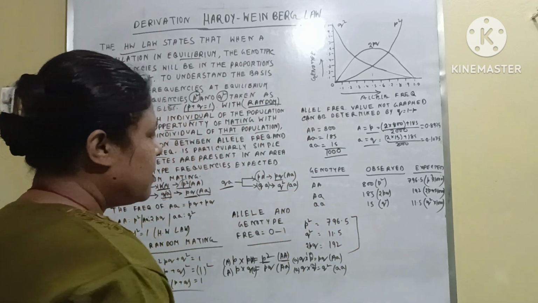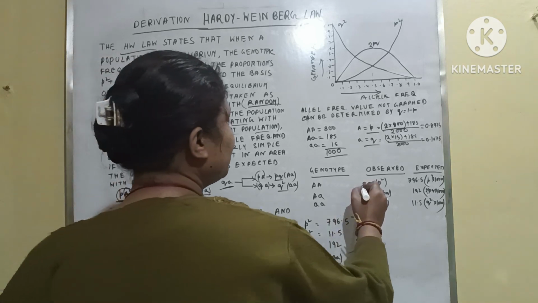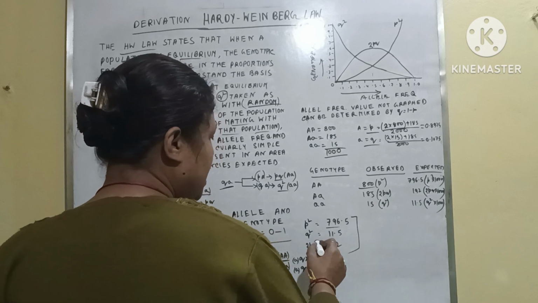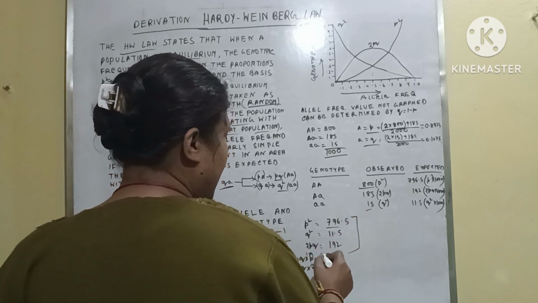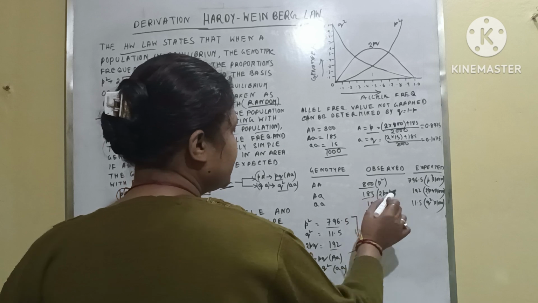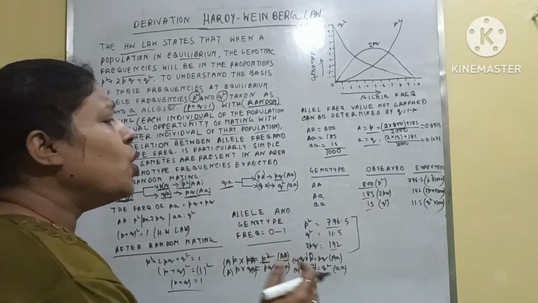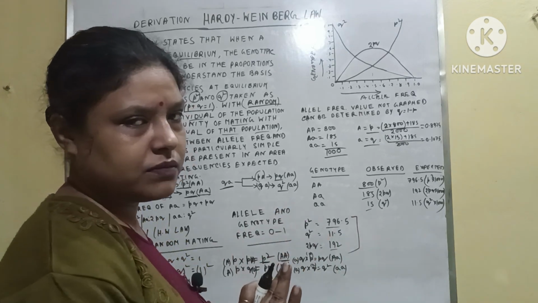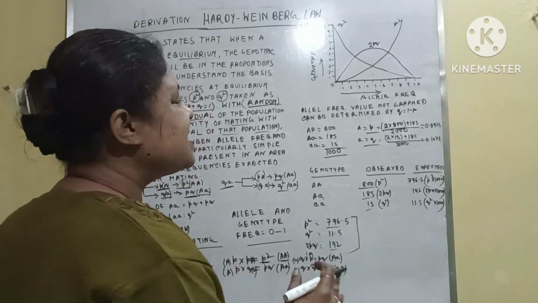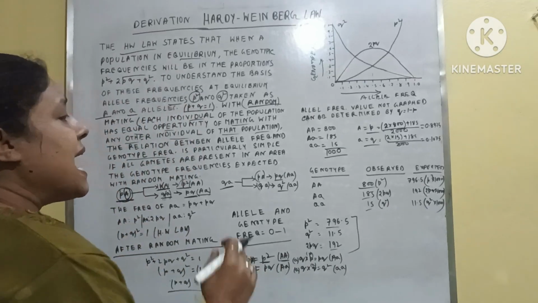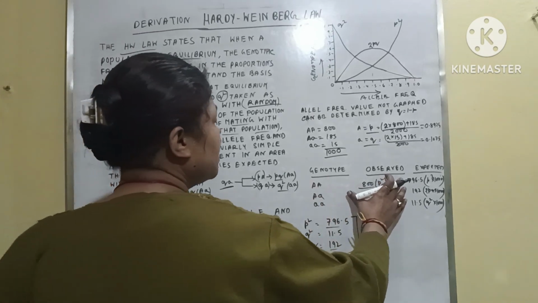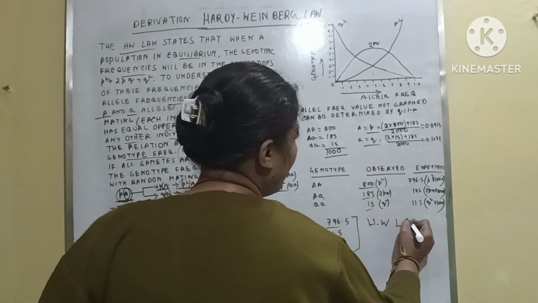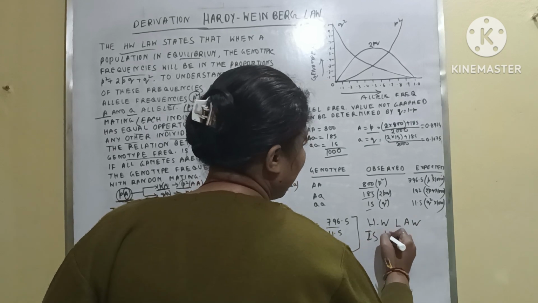So you can see that the values are very closely related to the observed ones. Like 796.5 here, 800; q square 11.5 here, 15; and 2pq 192, here 185. Just very close to the observed values, but not exactly the same. And it's not possible, obviously, you know that this is random mating. But as it is very close to the observed values, that means here the HW law is acting.